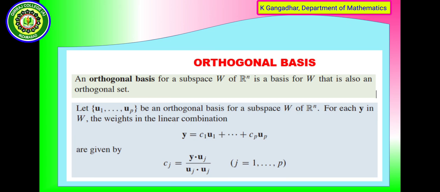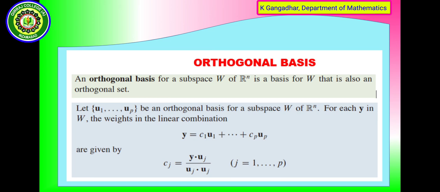So let u1, u2, so on up be an orthogonal basis for a subspace W of R to the power n. For each y in W, y is a linear combination of u1, u2, so on up, that is, y equal to c1 u1 plus c2 u2 plus so on plus cp up.